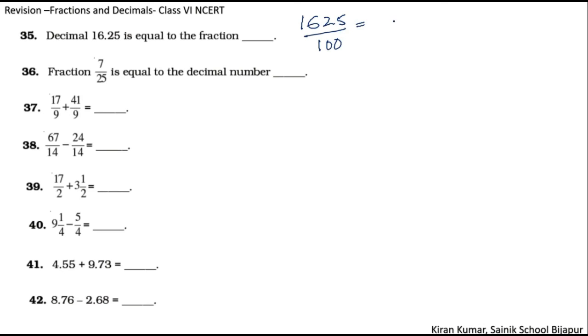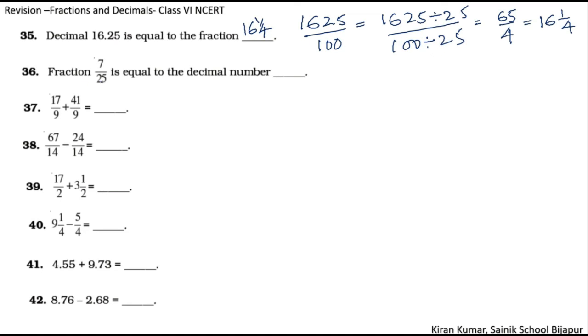So further we can simplify this. They are divisible by 25. When they are divisible by 25, we get 1625 by 25 divided by 100 by 25. This will be 65 by 4. We can express in a mixed fraction, 16 1 by 4.